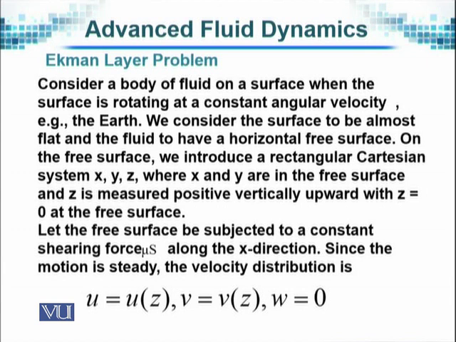Now, since the motion is considered to be steady, the velocity distribution is to be taken as u that depends on z, v that depends on z, while there is no movement in the vertical direction, so all the movement of the fluid flow is taking place along the xy plane.